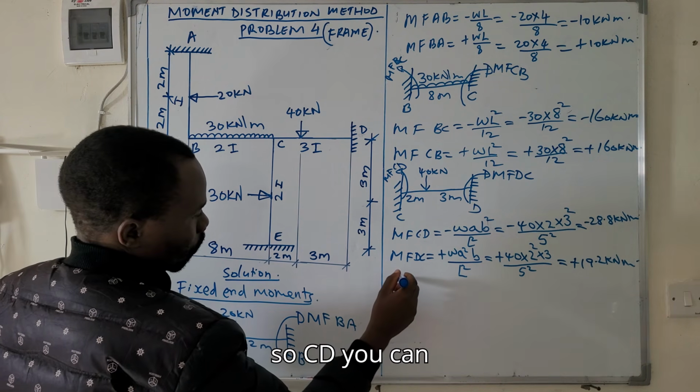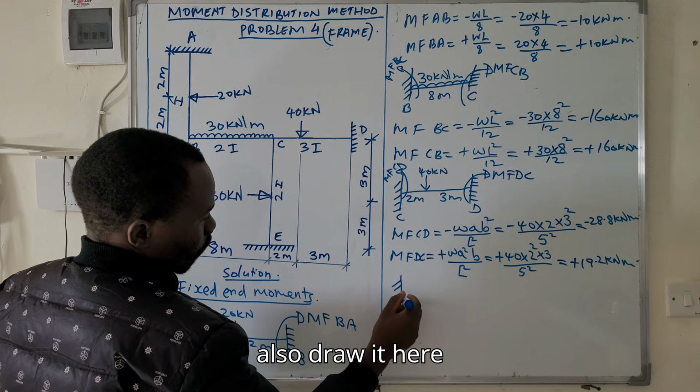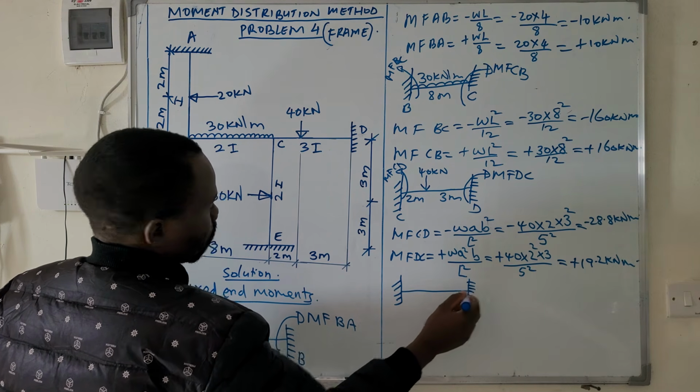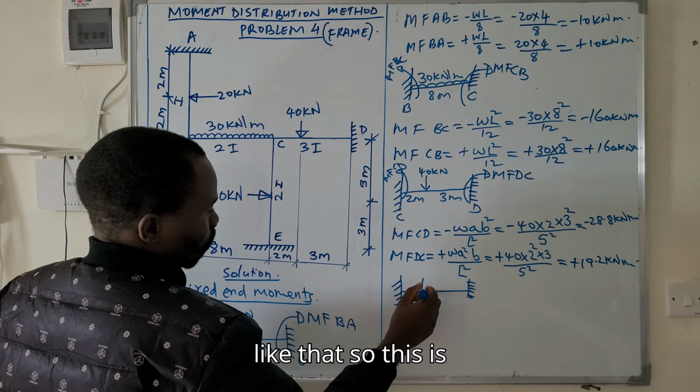We proceed to CE. So CE, you can also draw it here, like that. So this is 30.